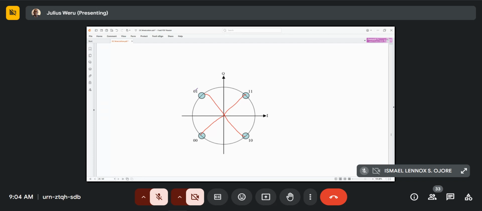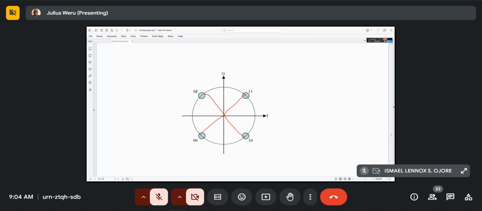So you want one symbol error not to generate 2-bit errors, because if you mistook this for this, you only get a 1-bit error. Only one bit will be in error. So you always make sure in the constellation diagram that you don't have 2 bits changing.